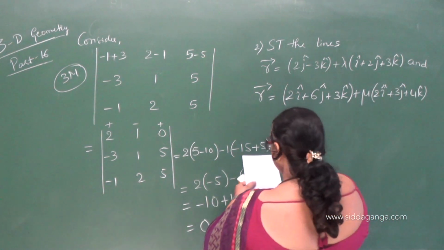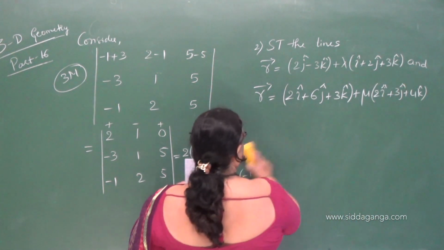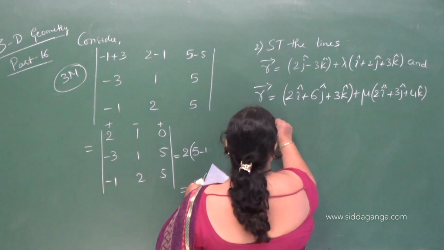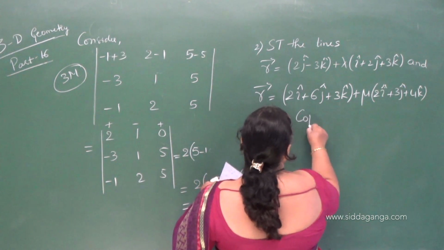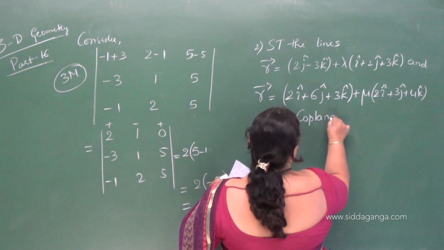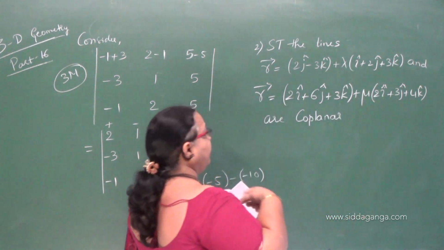These are the given two lines. We have to show that these two lines are coplanar.